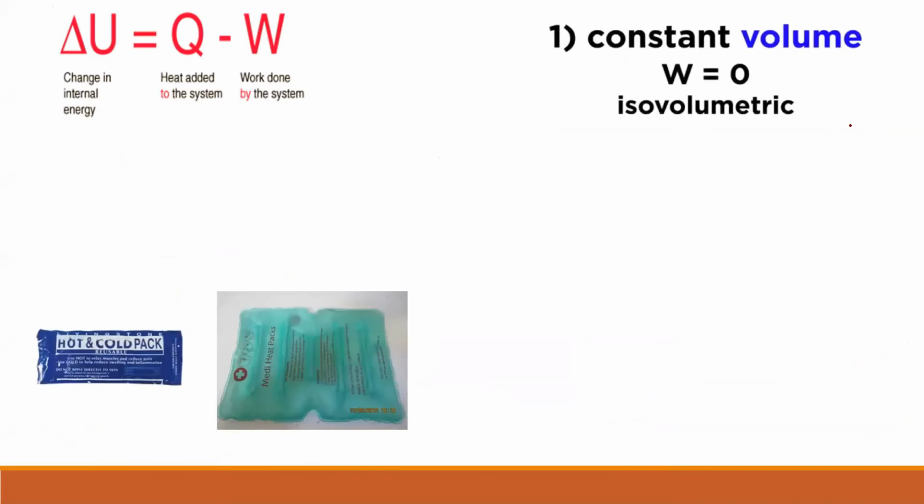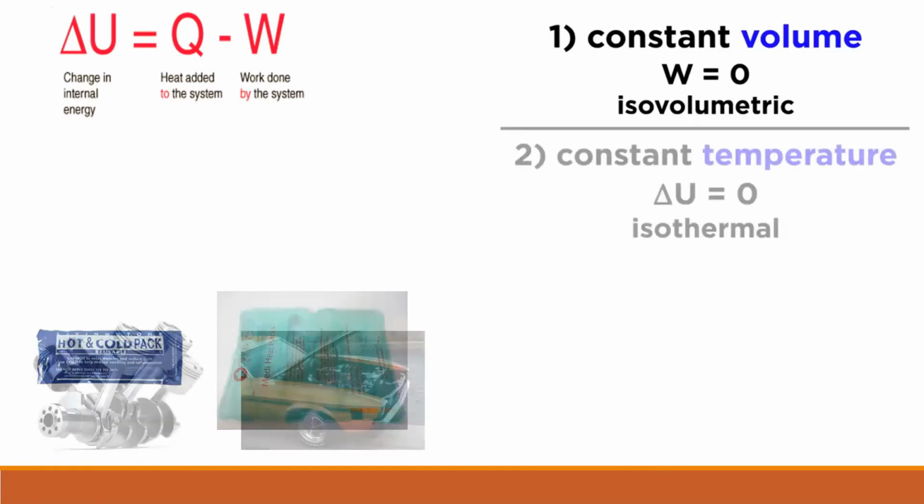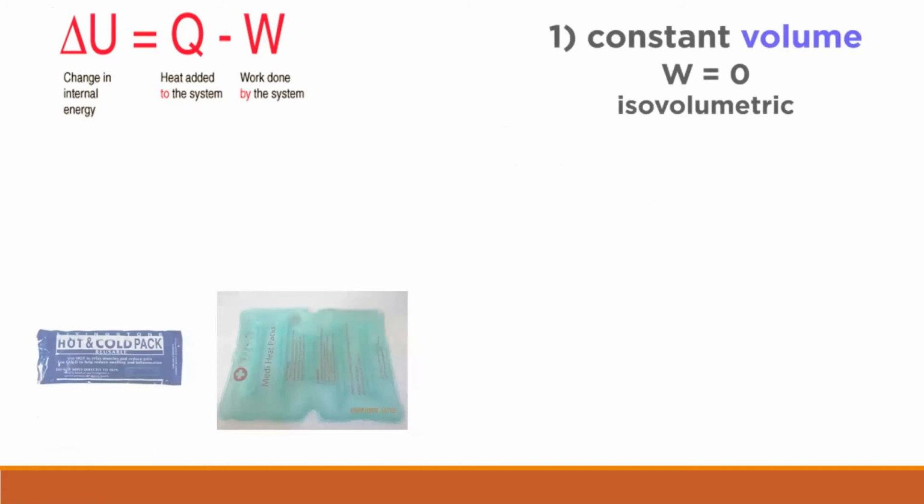So the first example has got some weird names. You don't have to necessarily memorize these weird names, but I'm just going to show you them anyway. The first one is constant volume.